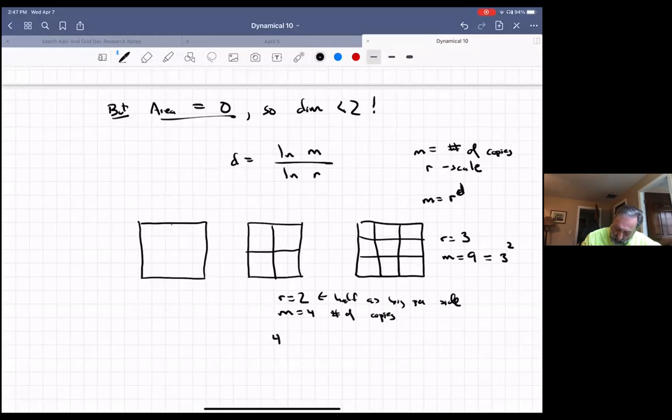Here, 4 is 2 squared. So this thing has a dimension of 2. So something that has a dimension of 2, if you break it down into copies that are 1/5 as big, you'll have 25 of the parts.